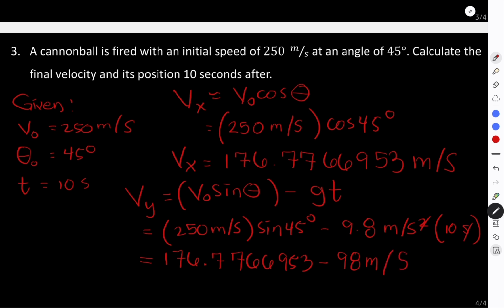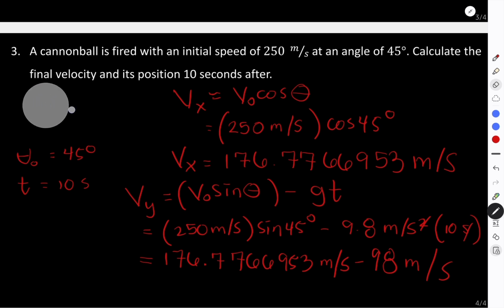I'm sorry, I forgot to write down meter per second here, because we don't want to forget later, right? Now we get the difference. It's 176.7766953 minus 98.